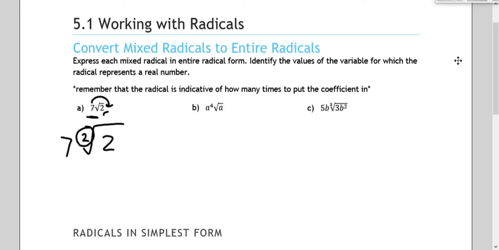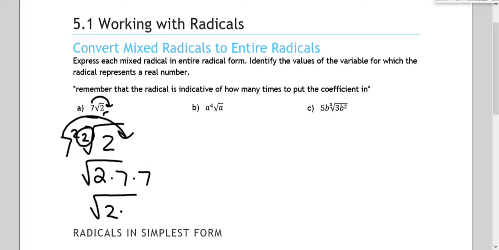Now this index tells us how many times to put this guy back in. So there are two different ways to look at that. You can say 2 times 7 times 7, or you can go 2 times 7 squared. They mean the same thing. So that should result in, once it's simplified, the square root of 98. And if you broke it back down and moved backwards, you could see it would get the same thing.